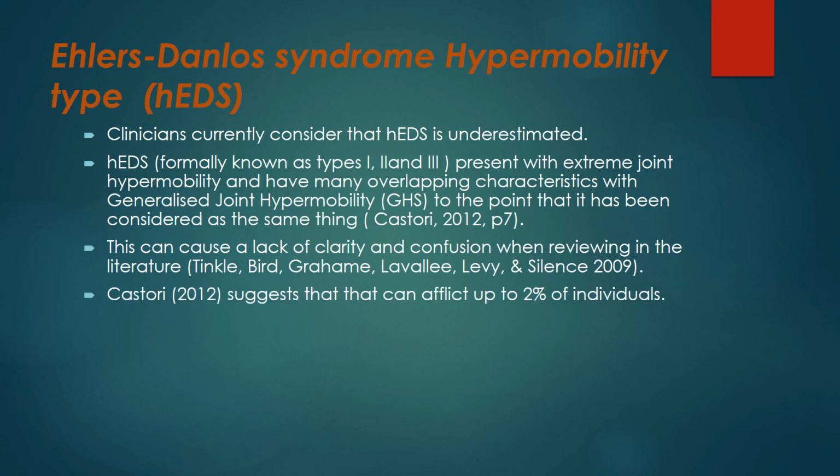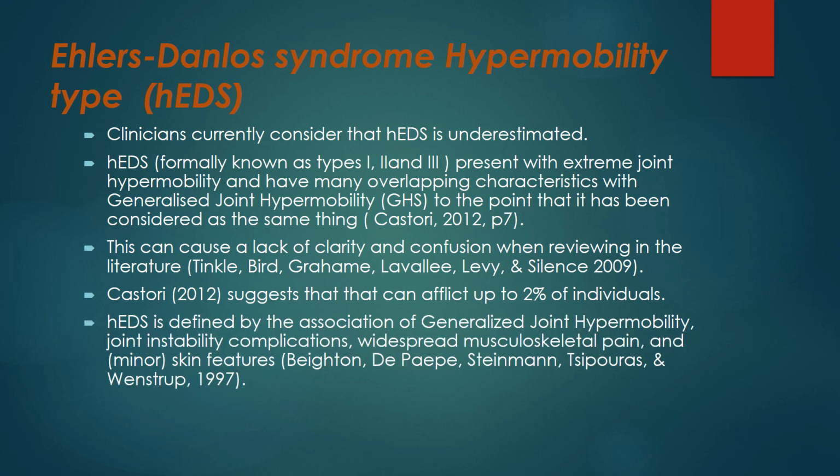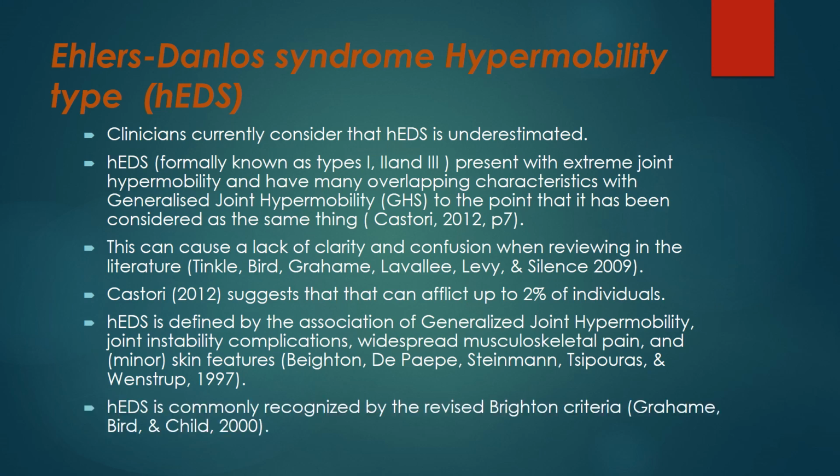Castoris suggests that hEDS can afflict up to 2% of the population. hEDS is defined by its association with generalized joint hypermobility, joint instability complications, widespread musculoskeletal pain, and minor skin features. hEDS is commonly recognized by the revised Brighton criteria.